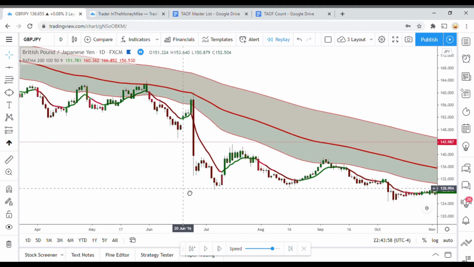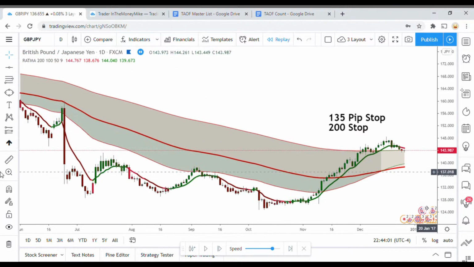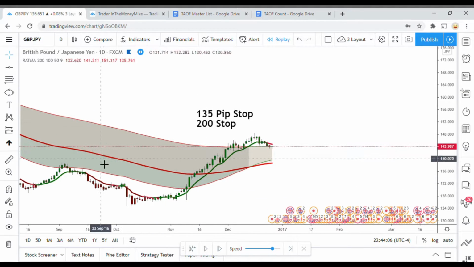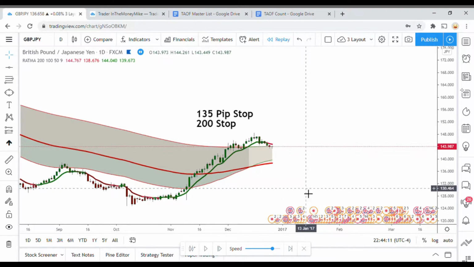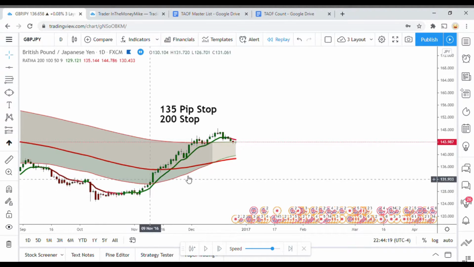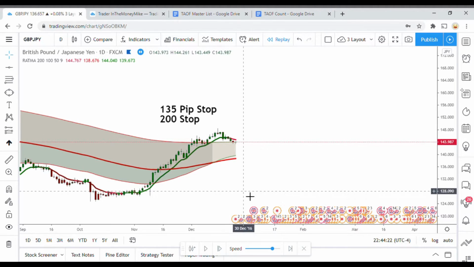Now, like I said, there's not a lot of information on exactly how all these pieces go together. But what I do know is that the main body switches from red to green and green to red, giving us a signal to go long or go short, or that there is a trend going long or short, basically.